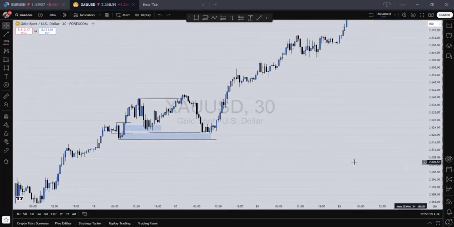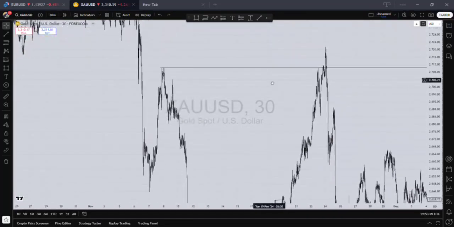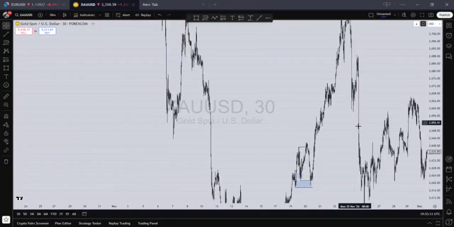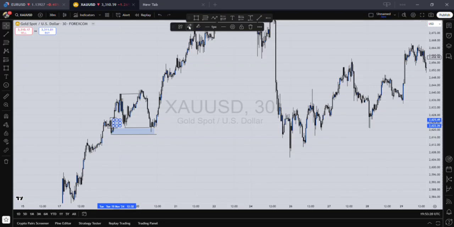And I have a higher time frame target that price will likely go to. So I took the setup and I got lucky.